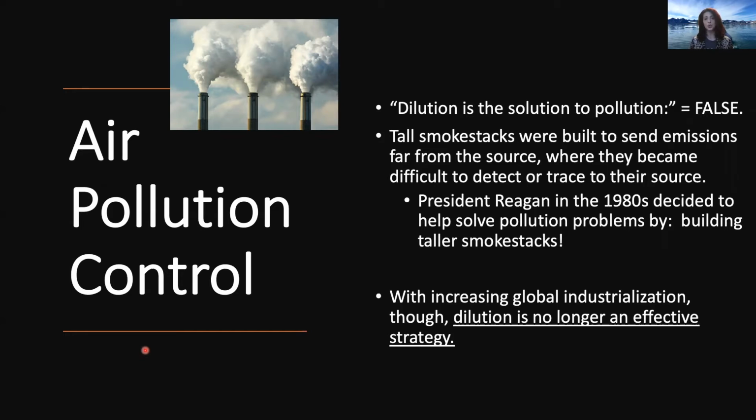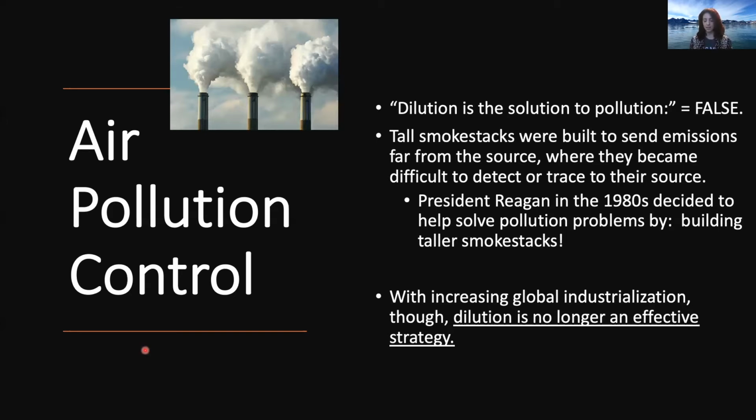Tall smokestacks were built to send emissions far from the source where they can become difficult to detect or trace back to their source. And in the 1980s, President Reagan decided to help solve pollution by building taller smokestacks. Needless to say, that did not work. So with increasing global industrialization, dilution is no longer an effective strategy.